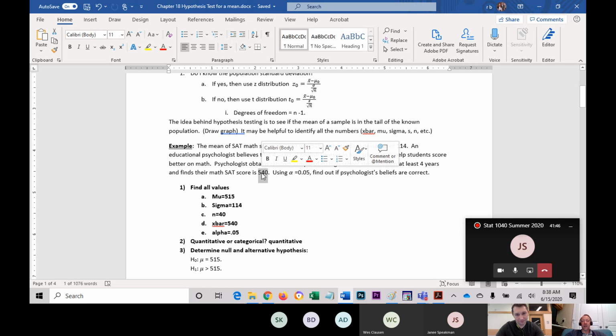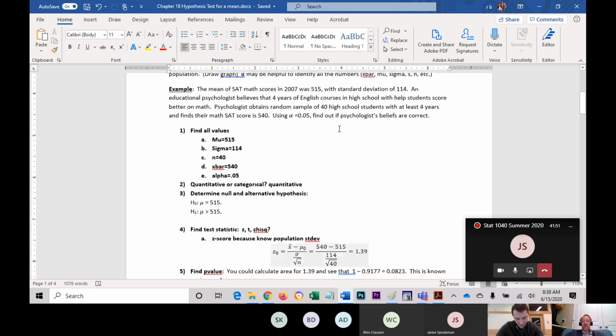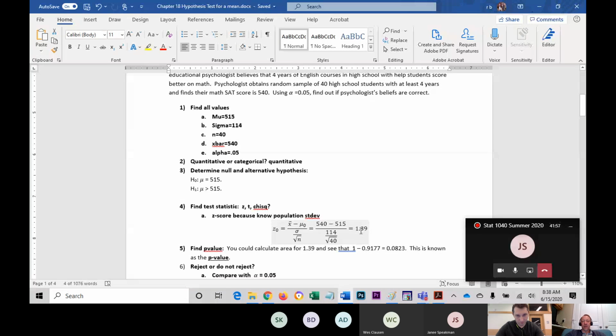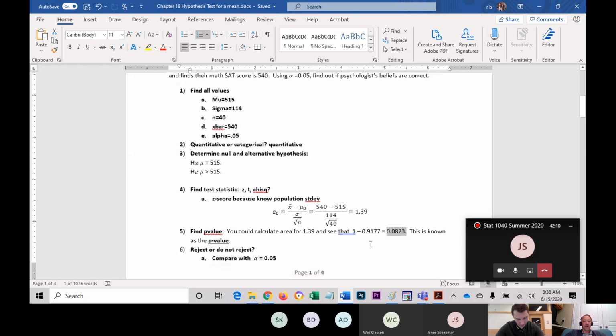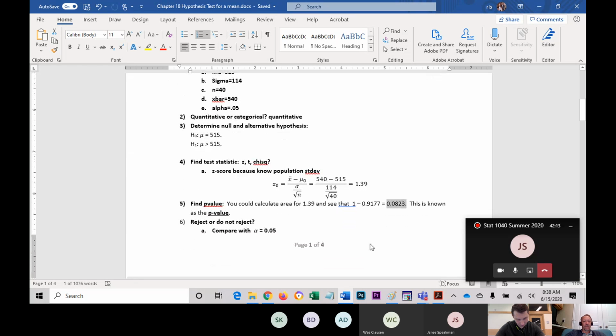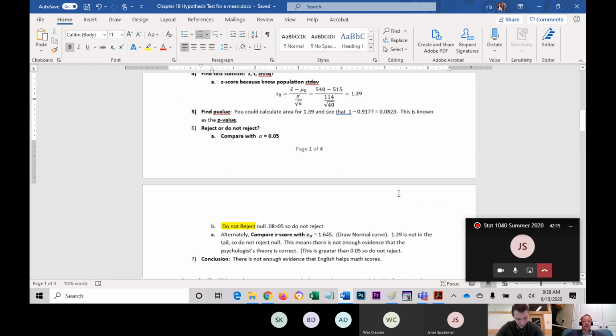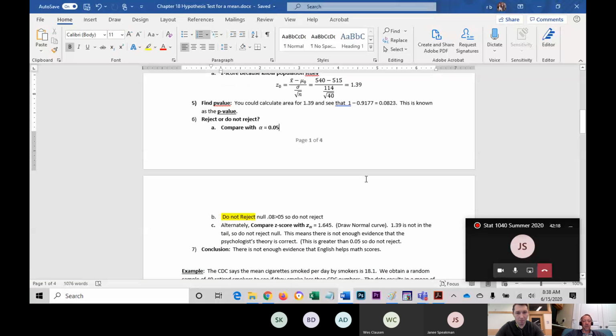Under normal circumstances you would say 540 is greater than 515, but the problem is my standard deviation is so large that 540 is only 1.39 standard deviations away, and that's going to happen about 8% of the time. Because it happens 8% of the time and not less than 5% of the time, we're saying that there's not a significant difference. So that can be a little tricky, but yeah. Does that make sense?